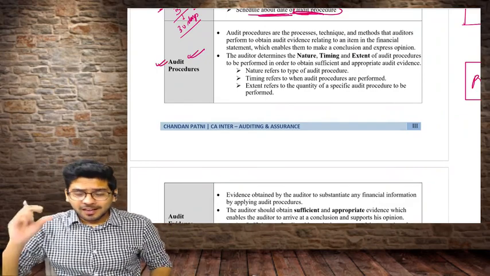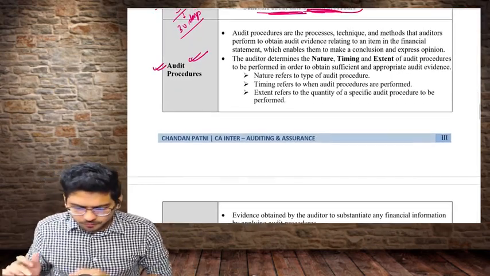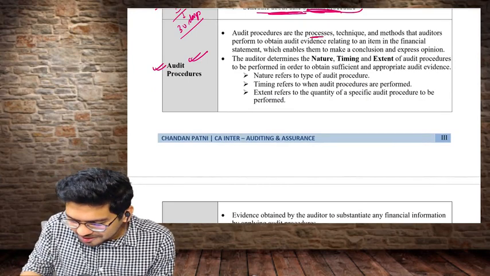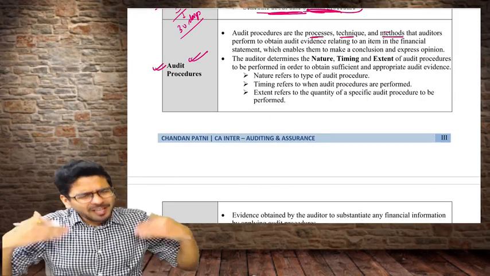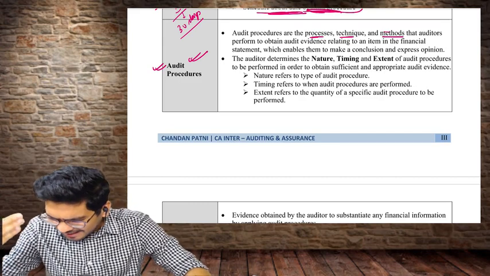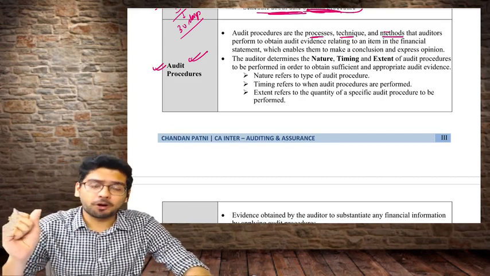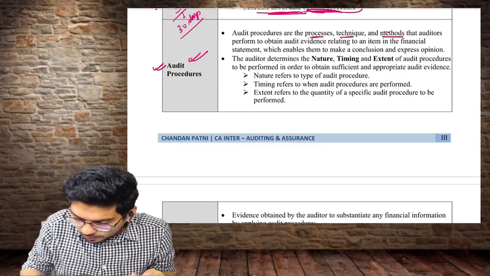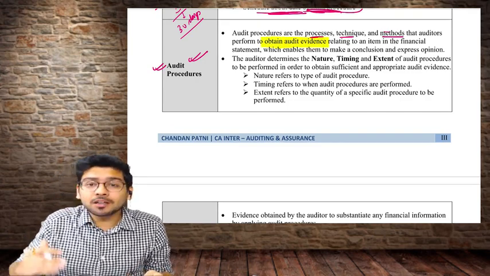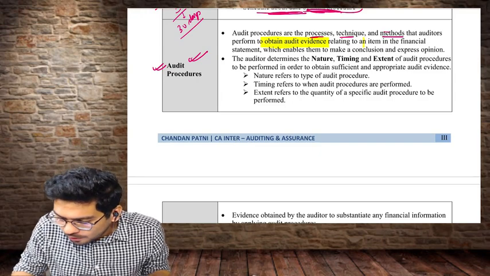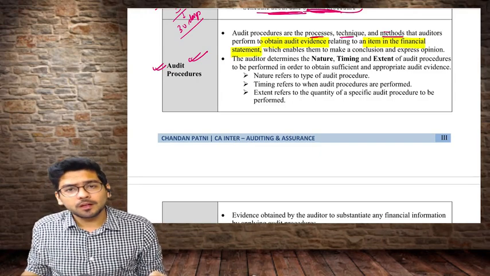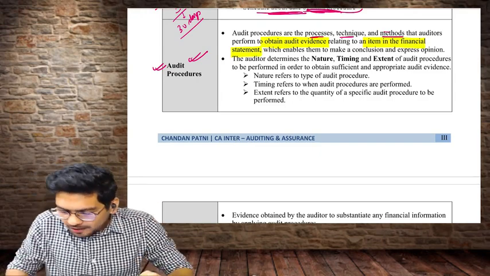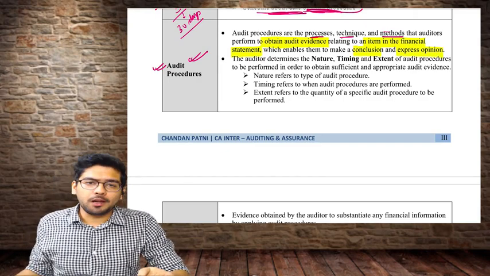Let's read the definition first. Audit procedures are processes, techniques and methods that auditors perform to obtain audit evidence relating to an item in the financial statement, which enables them to make a conclusion and express an opinion.